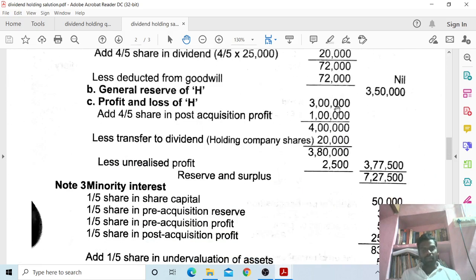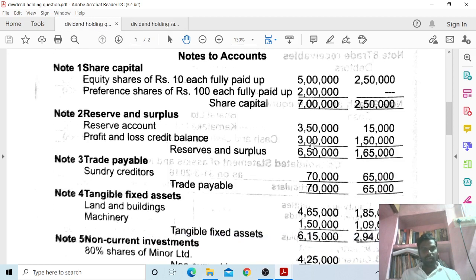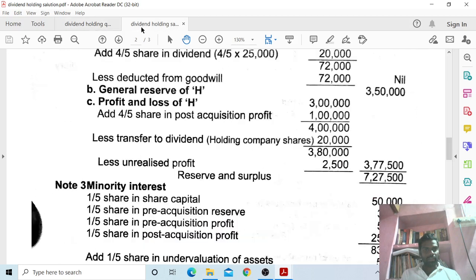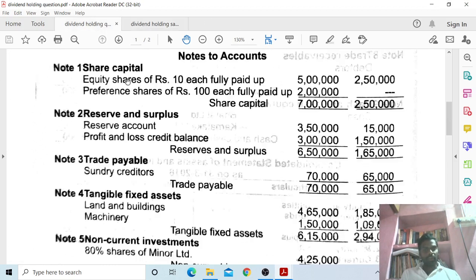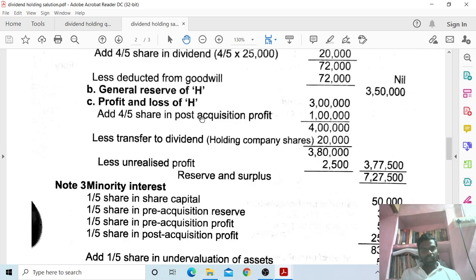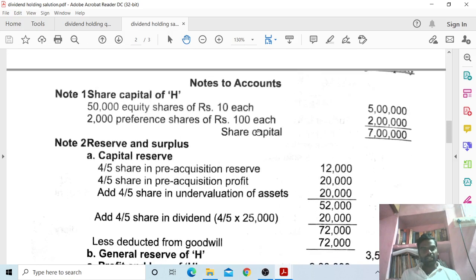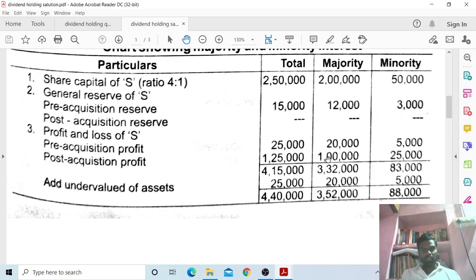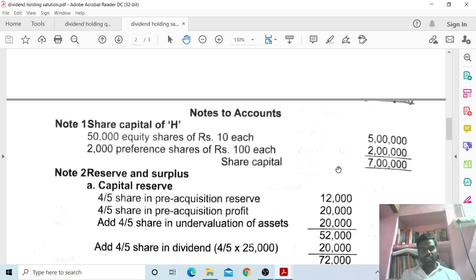Total profit and loss of H Limited is 3 lakh rupees. So I have to take the profit and loss account of 3 lakh, and also add 4/5 share in pre-acquisition profit. So 3 lakh plus 1 lakh is equal to 4 lakh.